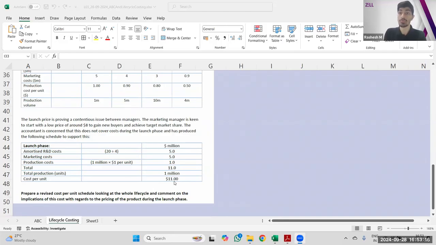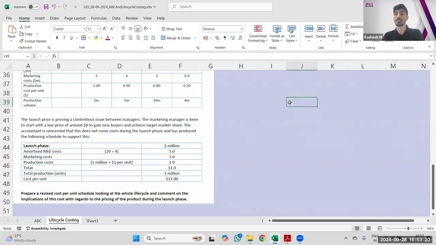So if we listen to the accountant, it should be $11 plus our profit, and our selling price should be something like $14, $15. But our marketing guy is telling us that your price needs to be $8, otherwise people won't buy and your projections may go wrong. So now we are in a dilemma, and this is exactly the dilemma that life cycle costing solves.